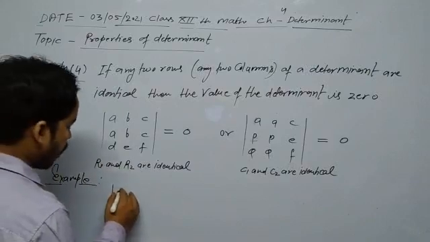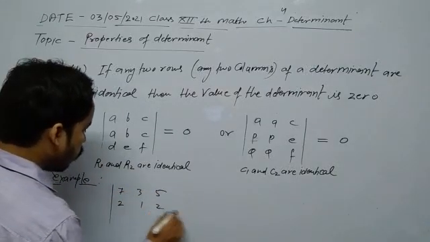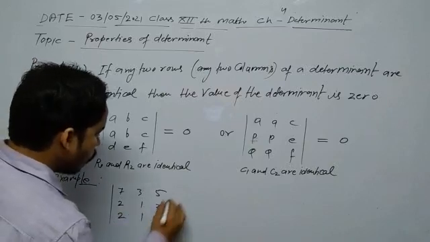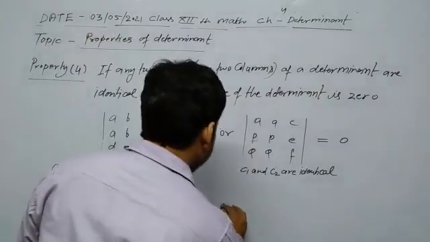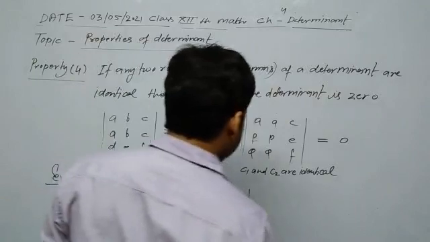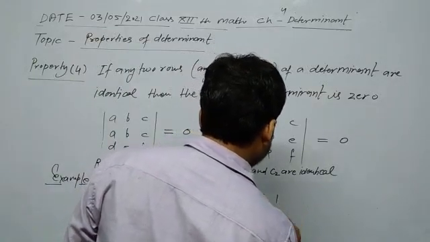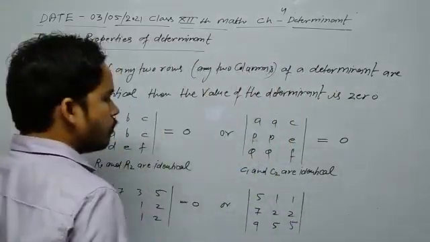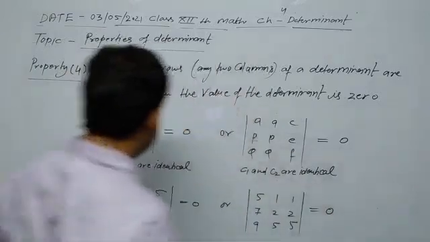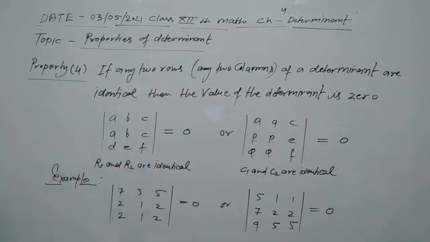Suppose order 3 cross 3: 7 3 5, 2 1 2, 2 1 2. Its result is 0 because R2 and R3 are identical. Or 5 7 9, 1 2 5, 1 2 5. This is 0 because C2 and C3 are identical.